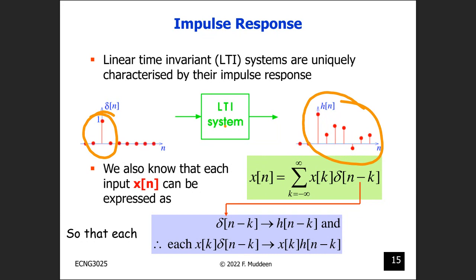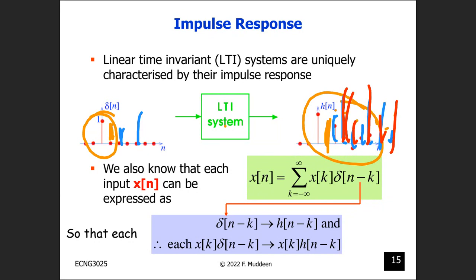If I put another impulse here, I'm going to get another set of values coming out starting at this point here. If I put another impulse here, I'm going to get another set of values coming out in response to that. And then if I put an impulse here, I'm going to get another set of values coming out in response to that one.